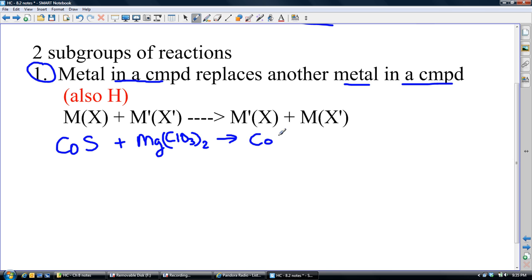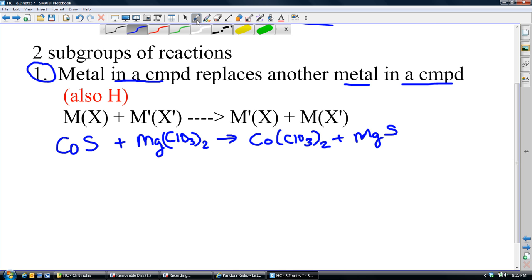We're going to get cobalt with chlorate, and we're going to get magnesium with sulfide. Now the combinations I picked here, cobalt's a +2, sulfur's a -2, magnesium's a +2, chlorate is a -1. So put a 2 out in front there, and we're done. It's kind of an easy example because it didn't change anything.